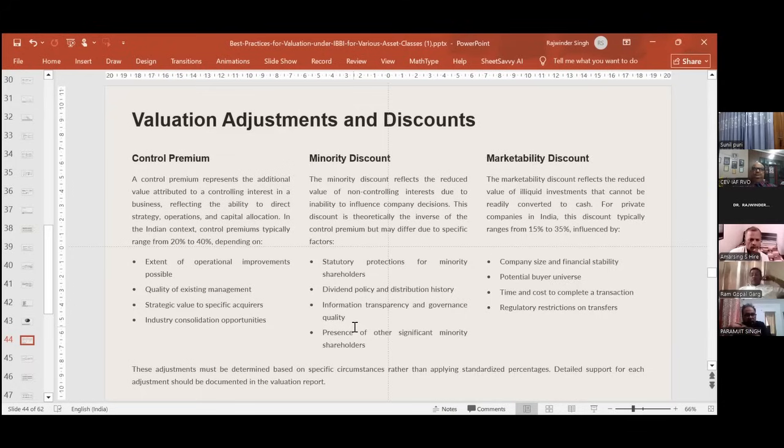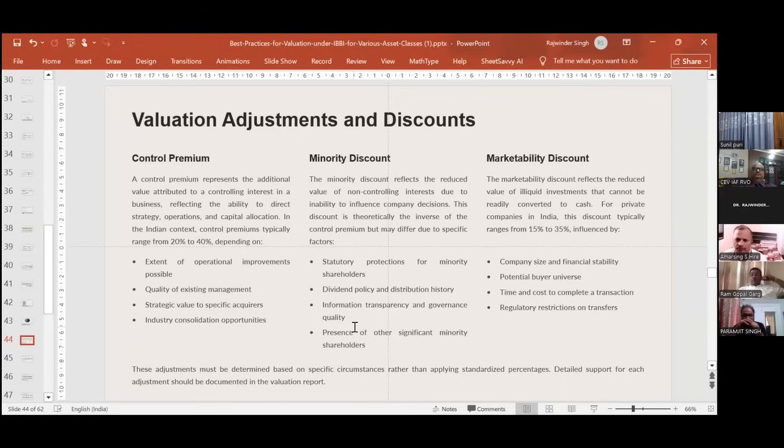Next is marketability discount. Marketability discount reflects the reduced value of an illiquid investment that cannot be readily converted to cash. For a private company in India, this discount typically ranges from 15% to 35%, which is influenced by company size and financial stability, potential buyers universe, time and cost to complete a transaction, and regulatory restrictions on transfers.